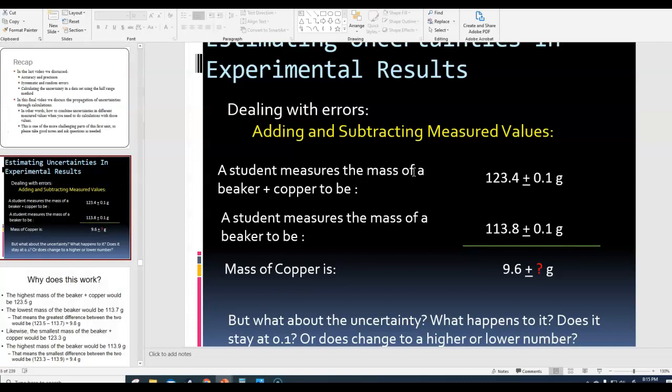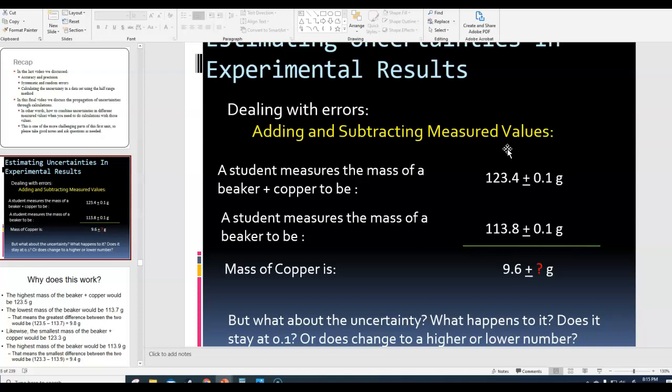Let's say we have a situation in chemistry where you measure the mass of a beaker that has some copper in it, and then later on you measure the mass of the beaker just by itself. The reason you might want to do that, of course, is that theoretically, if you subtract those two values, that should tell you the mass of the copper by itself.